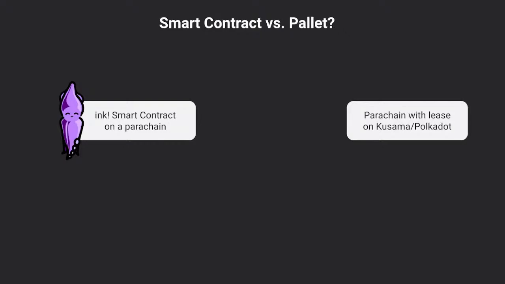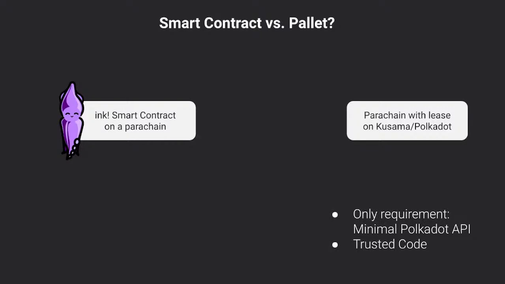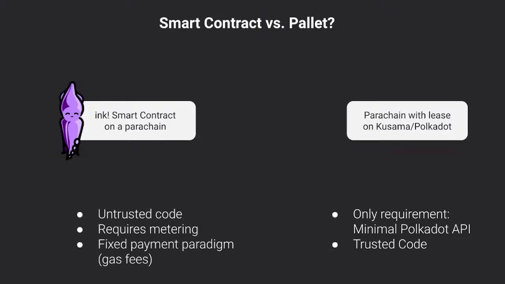So smart contract development is just way more approachable than starting right away with your own parachain. This is definitely one big advantage.